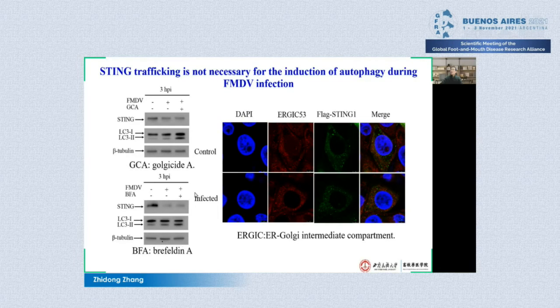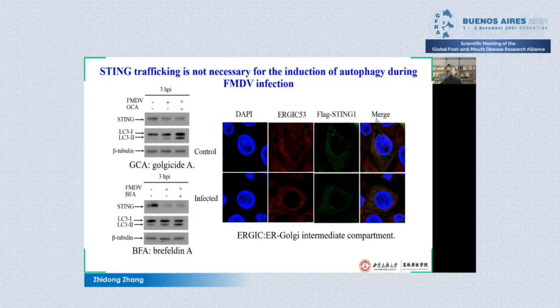This result was further confirmed by co-staining of STING and ERGIC with protein marker 53. Here you can see the red color is ERGIC 53, a specific marker for the ER-Golgi intermediate compartment, and here's STING in green.